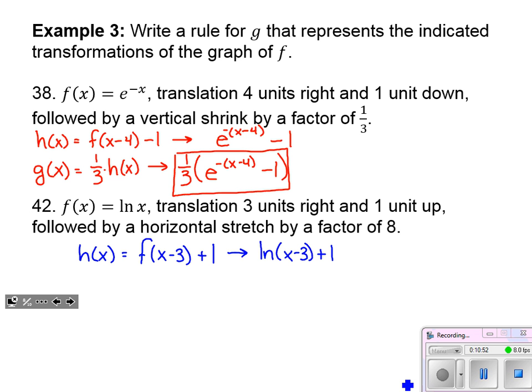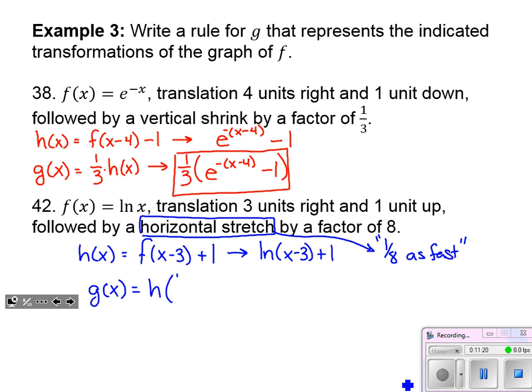And then we want a horizontal stretch. This is something that we have really been having a tough time with, horizontal stretches and shrinks. If a graph is stretched horizontally, it means it's taking a lot longer to cover that x-axis. So I'm thinking it's going 1/8 as fast. All right, so that means my function g of x is going to be h, but at 1/8 speed.